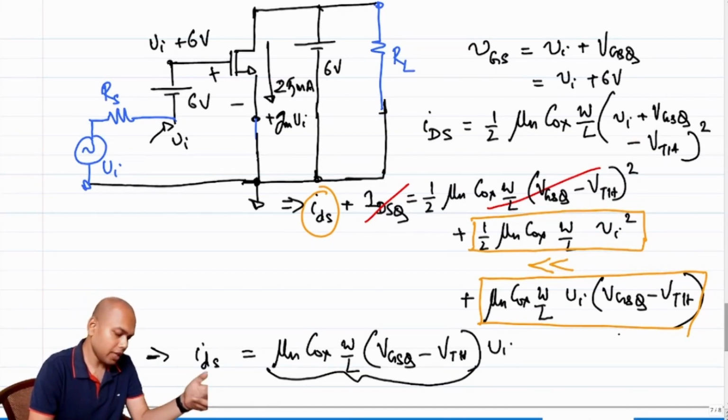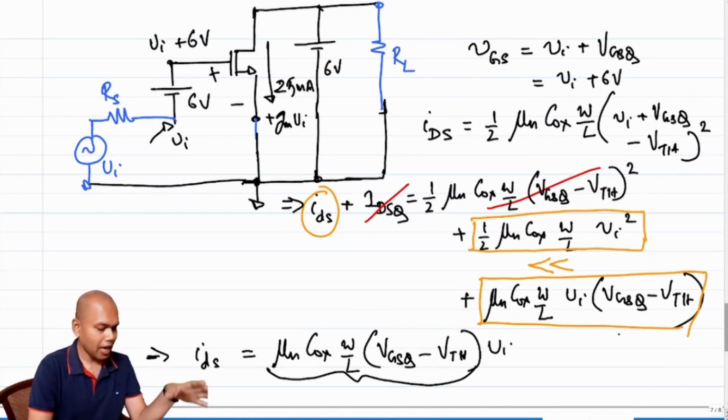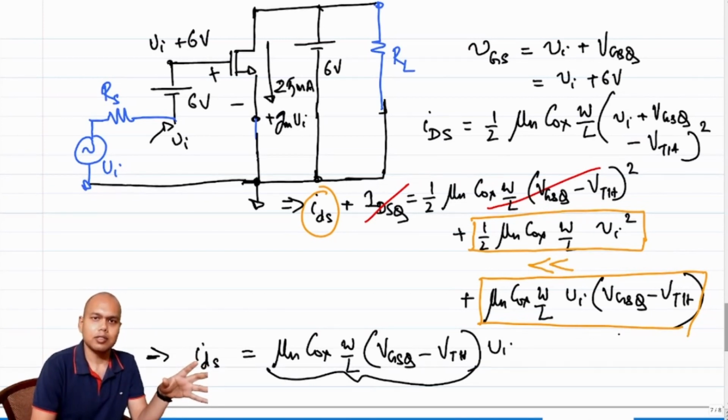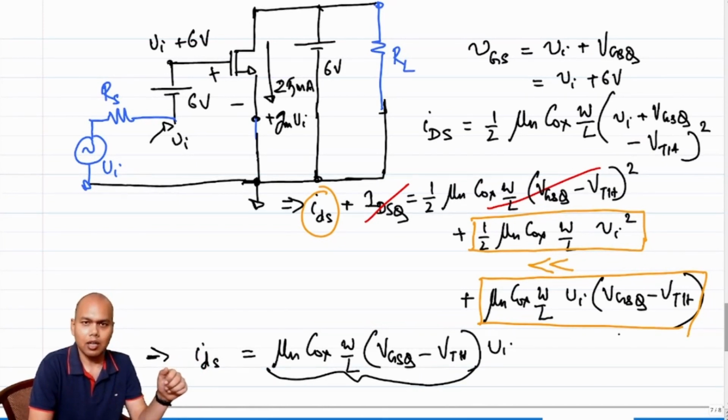Note that the voltage that we will get across RL is still 6 volt because the battery has been connected in parallel with RL, right? So whatever we do with the incremental current, all the incremental current will flow into the battery. Why? Because the battery is an incremental short, right?